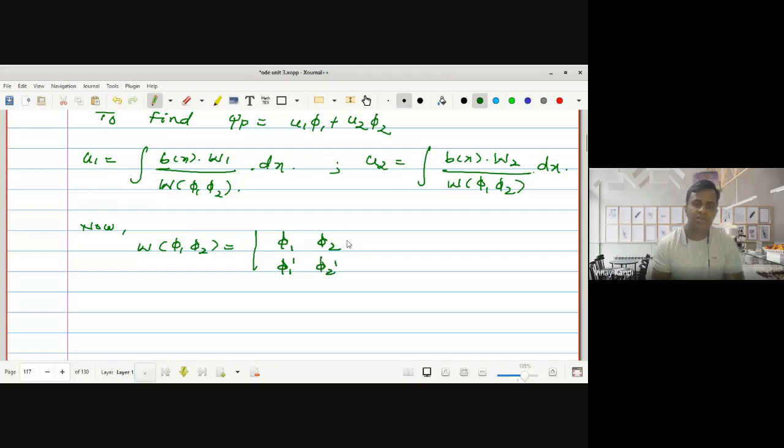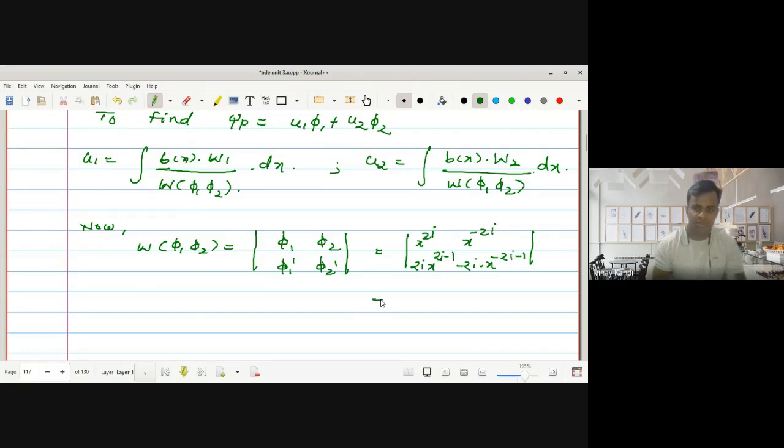It is equal to the determinant of phi1, phi2, phi1 dash, phi2 dash. What is phi1? x raised to 2i, x raised to minus 2i, 2i into x raised to 2i minus 1, minus 2i into x raised to minus 2i minus 1.